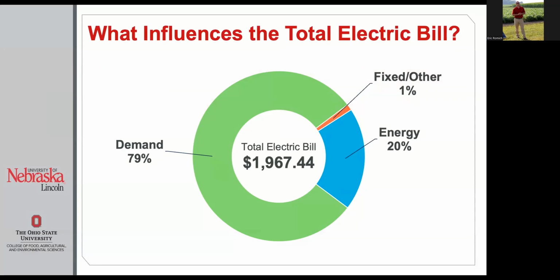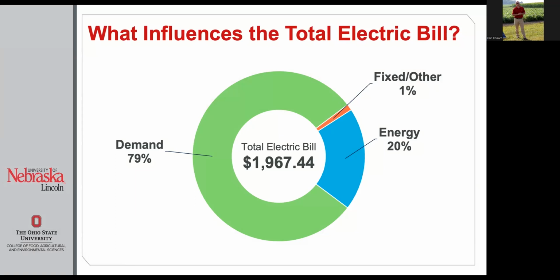A lot of times we just simply open the envelope and pay the bill at the end of the month. And so taking the time to understand how and why we're charged for electric will help us implement more effective strategies to reduce those costs. And so, again, this is our introduction to the bill.